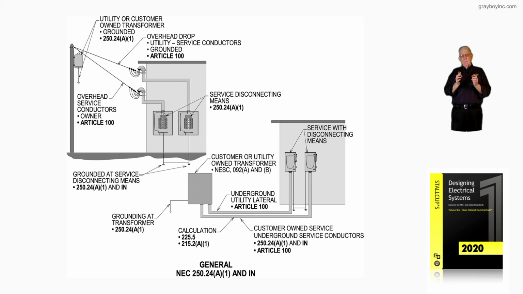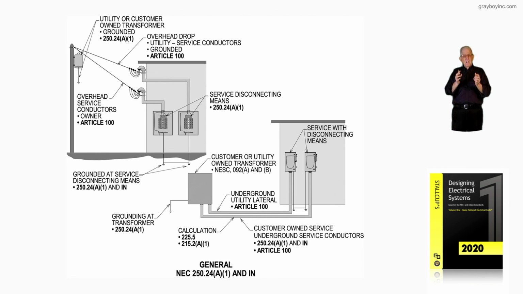Then again, remember, inside the building, Article 215 deals with feeders. But on the outside of the building, you're in Article 225 for any conductors outside the building. So we have to have a classification. Is it service? Is it feeders? And these definitions in Article 100 define what I'm telling you.